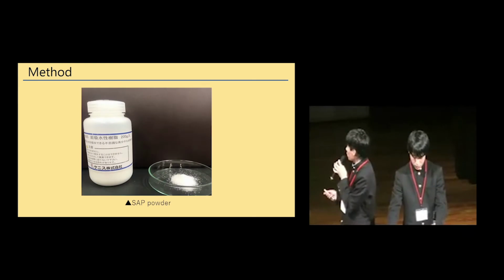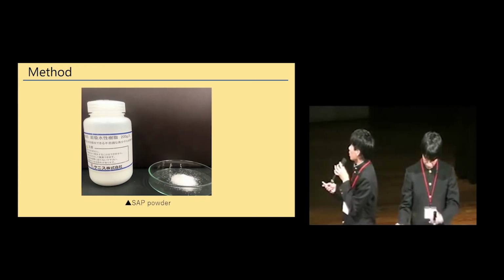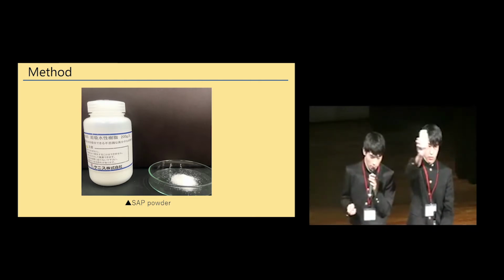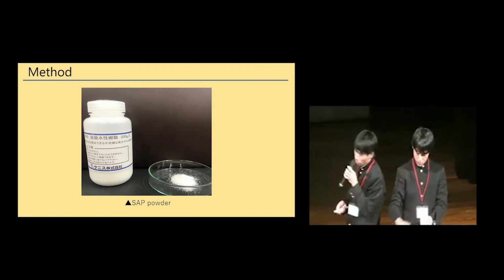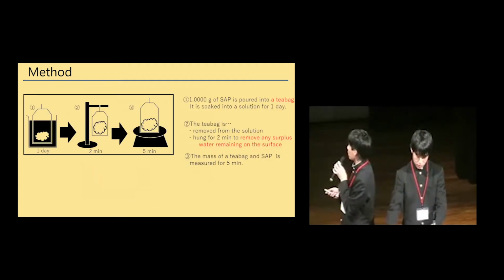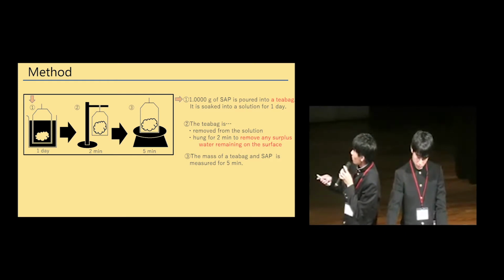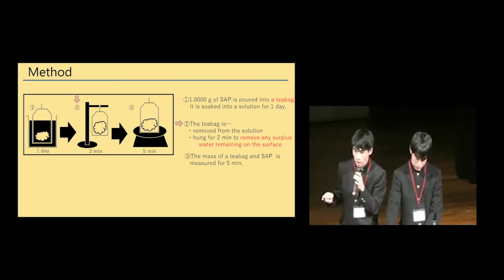Method. In this experiment, we use SAP powder, which is suitable for quantitative measurement. The method is as follows. First, SAP is poured into the tea bag, and the tea bag is soaked in the solution. The tea bag is then removed from the solution after 1 day.